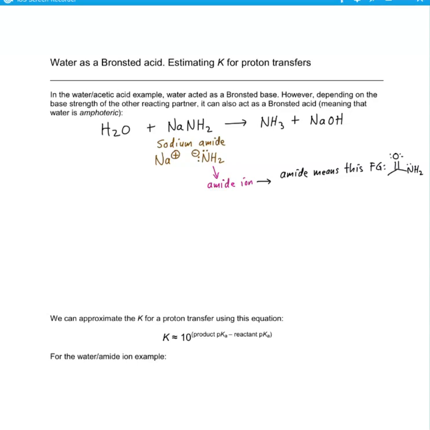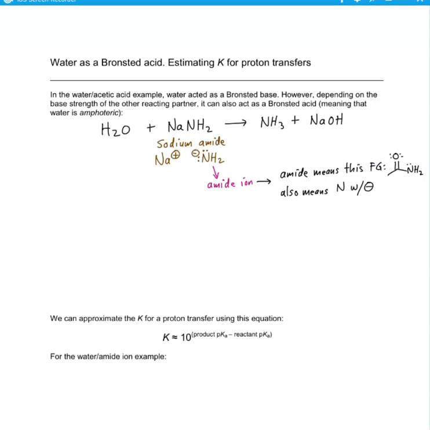Now, I used NH2 in the example, but it could be two methyls or a methyl and an H attached to that N. Remember, there's all kinds of variation here. So amide refers to that. But the word amide in organic chemistry also means that you have a compound that has a nitrogen with a negative charge. So nitrogen with negative charge. Okay, so that's sodium amide.